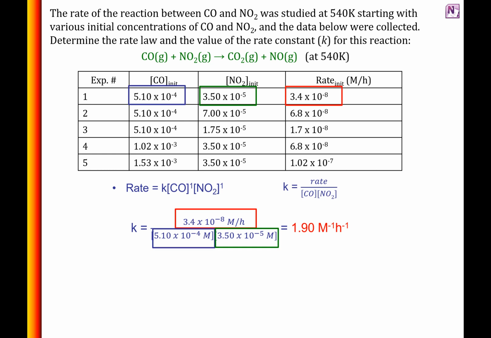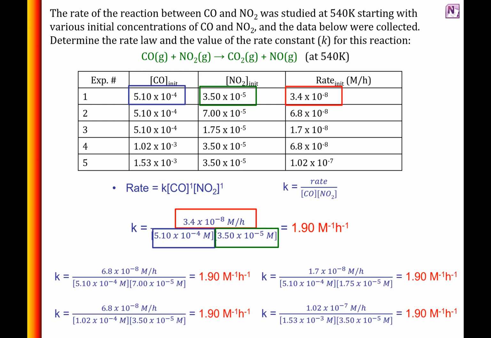Okay, so that shows you where all the numbers came from. If we do this for any of the reactions 1 through 5, you end up with the exact same constant. I went through and wrote these all out just to show you that you'll end up with the same rate constant no matter which experiment you choose.